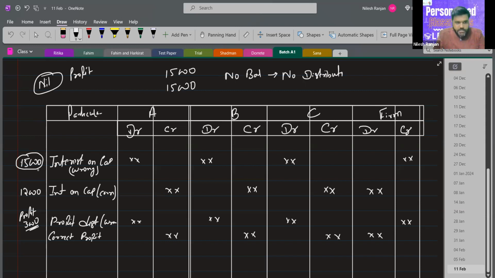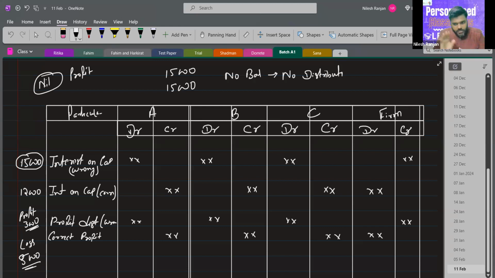But here there is a balance of 3,000, because you have taken back 15,000 and you have given only 12,000. So now there is a profit of 3,000, and it will be distributed between partners. In some cases, you have taken back 15,000 but you have given 20,000. In that case, you have a loss of 5,000, so it will be distributed.